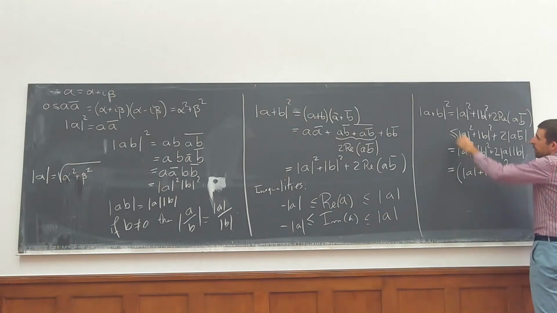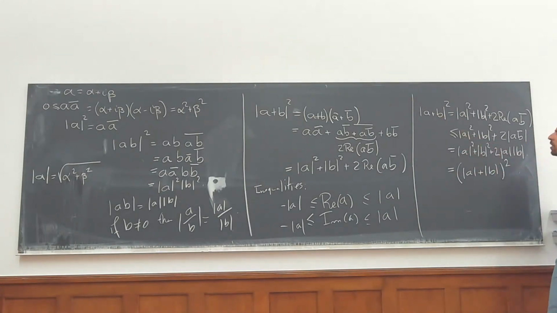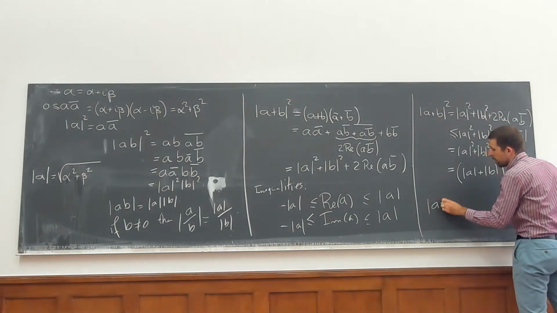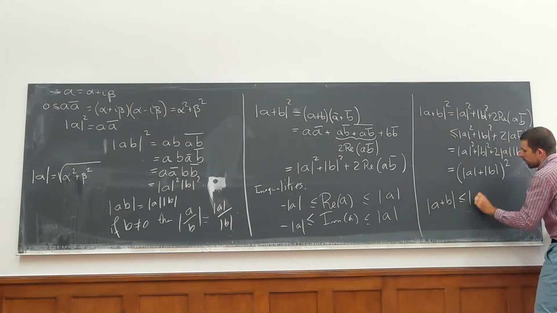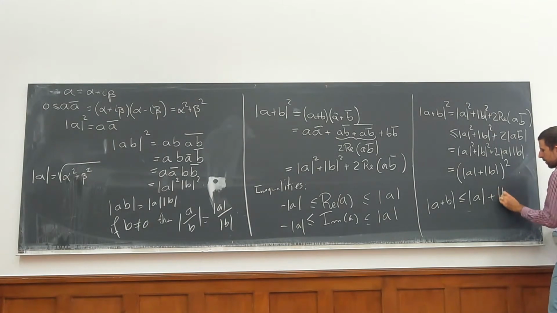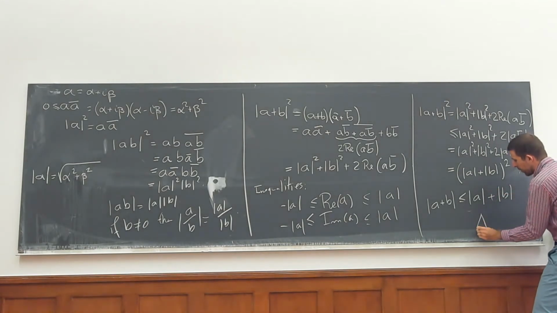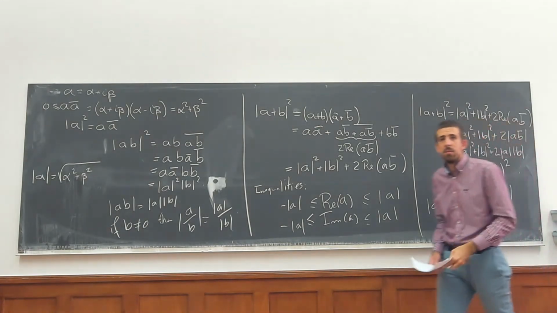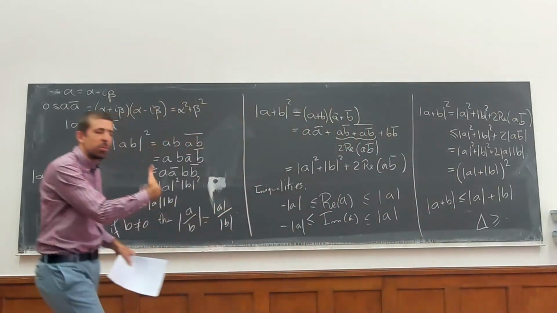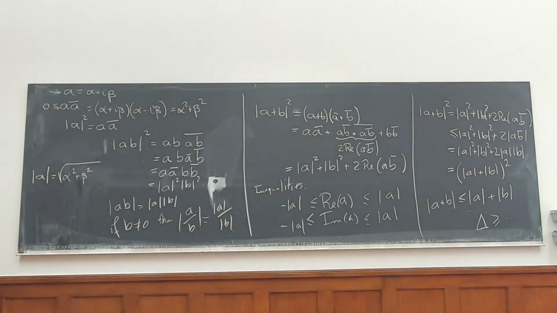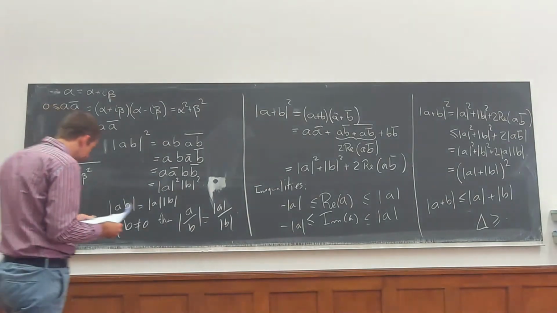So in particular, we get that the norm of A plus B is smaller or equal than the norm of A plus the norm of B. This is nothing else than what we call the triangle inequality. We're just recovering it from analytic definitions of conjugates and norms.